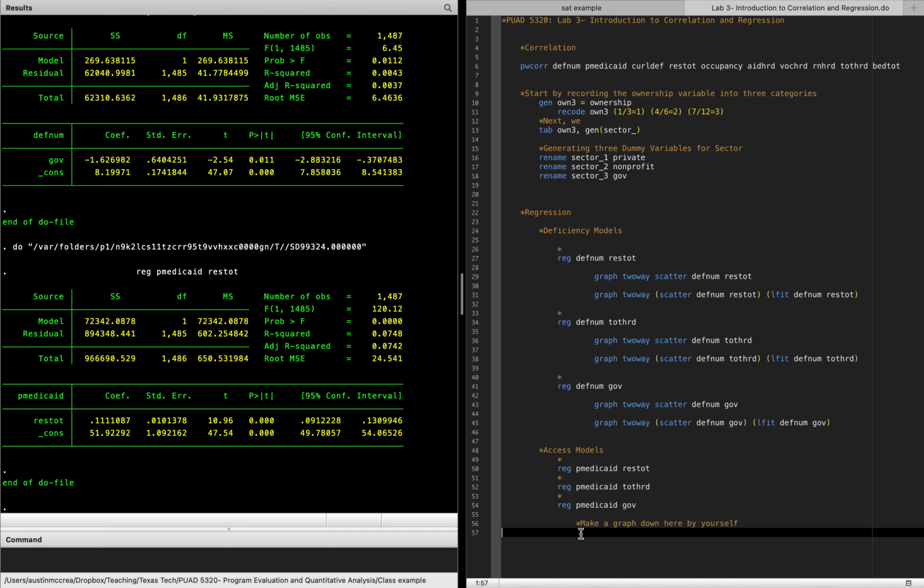All right, and I have just down here to make a graph for ourselves, but let's just type this out real quick. So we'll do graph twoway scatter P Medicaid res, and then we'll put a linear fit on here. So we'll shoot a straight line through it. All right, we run this command.